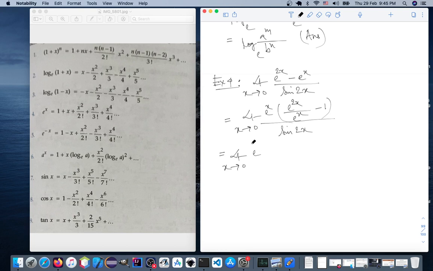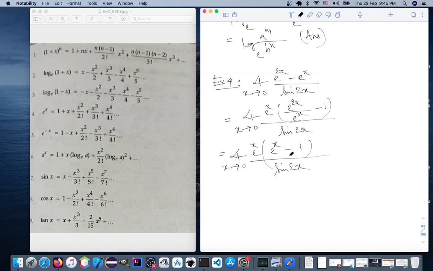Now this becomes e to the power x minus 1, and we have sine 2x.